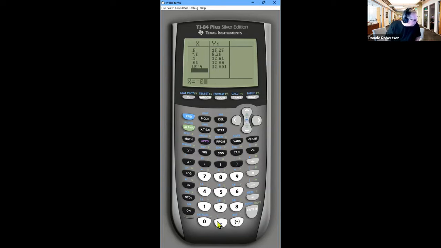So negative 0.1, negative 0.01, and maybe negative 0.0001. Would you agree that it's also trying to get closer and closer to 12? Would that be a reasonable assumption? So wouldn't your prediction be that the overall limit for that particular question was 12?